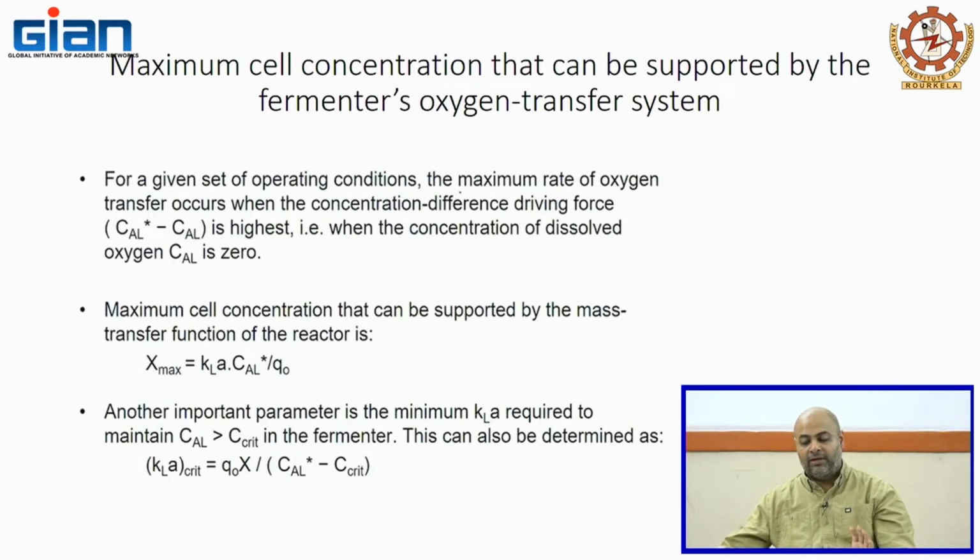Now, the maximum cell concentration that can be supported by the fermenter oxygen transfer system is an important parameter to look at. So, the way we estimate that is, for a given set of operating conditions, the maximum rate of oxygen transfer occurs when the concentration difference driving force, that is Cal star minus Cal, is highest. So, higher the concentration gradient, more the transfer. That is when the concentration of dissolved oxygen is 0.